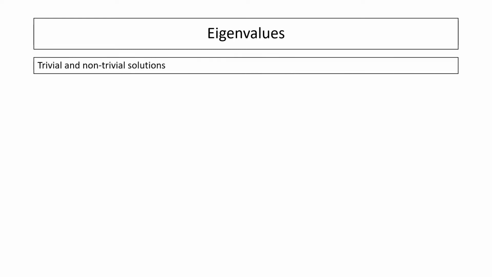Today's video will be explaining the concept of eigenvalues, whose subtopics, trivial and non-trivial solutions, come first. Here is a system of simultaneous equations.